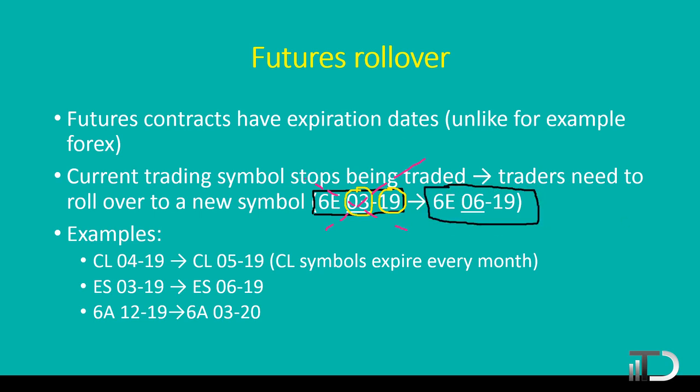As you can see, it differs by this number, and the 06 means that this contract will expire in June 2019.